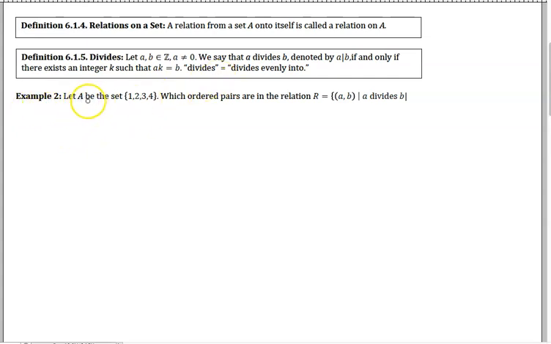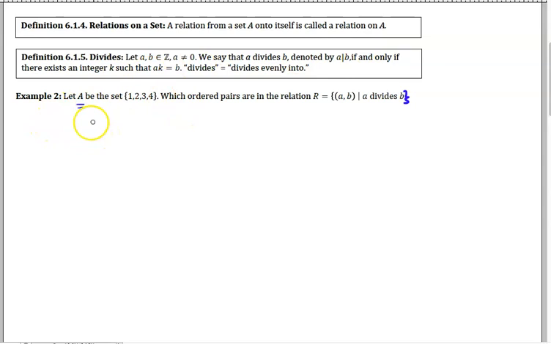All right, so example 2 relates to that. Let's say that A is the set of elements 1, 2, 3, 4. Which ordered pairs are in the relation R that says R is the set of ordered pairs (a, b) where a divides b? Because I'm given only one set, this set A, it's a relation on A, with A being the input and also the output.